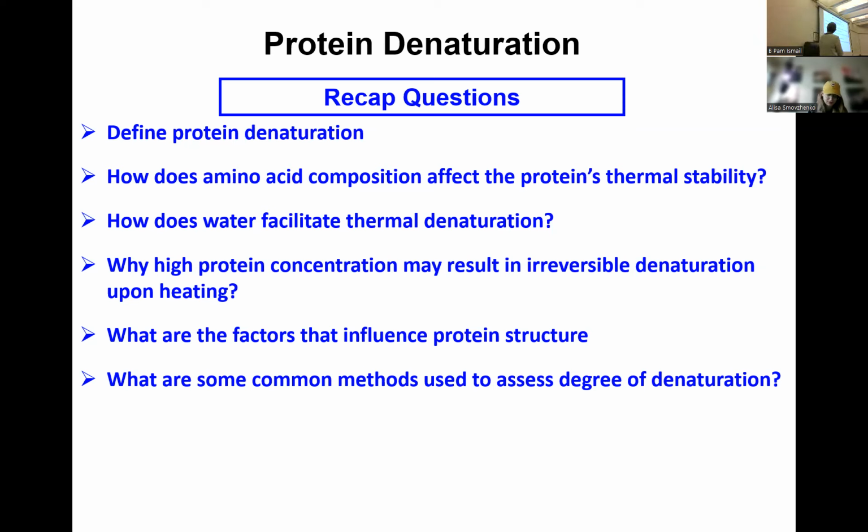Okay, Sam, I have a question about the amino acid composition. I know this isn't correct, but in my head it feels like the more structure, the more stable or rigid it would be. Why is that incorrect? Well, there's a difference between rigid and an orderly structure. Orderly structure means you have an order, you have an alpha helix structure, you have a beta sheet structure. Rigid means not very flexible.